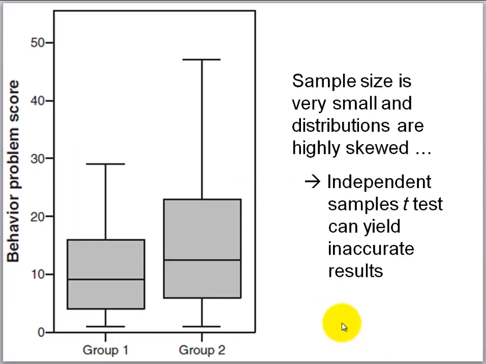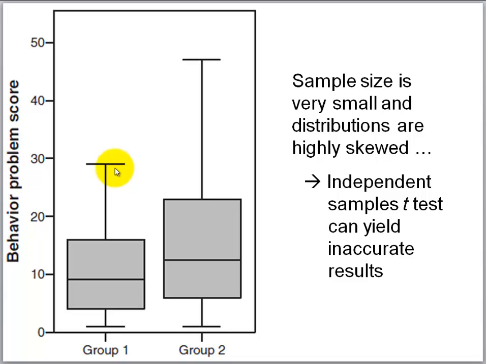So here we have box plots of scores in Group 1 and Group 2, and the greater spread of the boxes upwards of the line in the middle of the box, which is conveying the median score. The boxes are more spread out in the upwards or positive direction. That conveys positive skew.